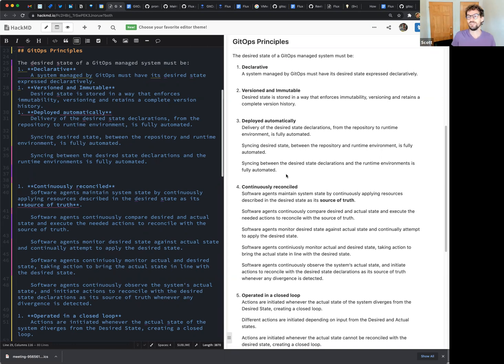And then you've got a runtime environment where agents are getting that information. And they're like, all right, cool, now I'm going to make sure automatically to do the best that I can to do your bidding based on your instructions. And you're only talking to Git. We notify you when there's divergence and whatever else, right? But that's basically what GitOps is.